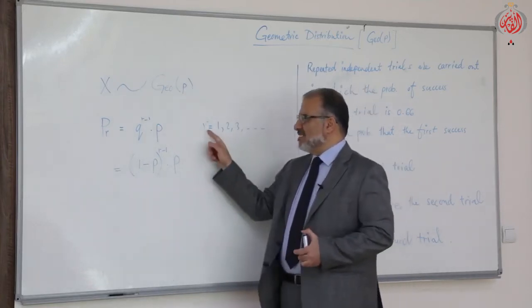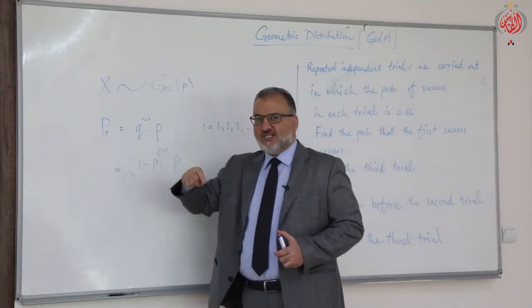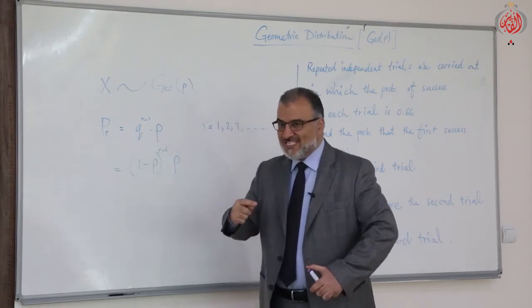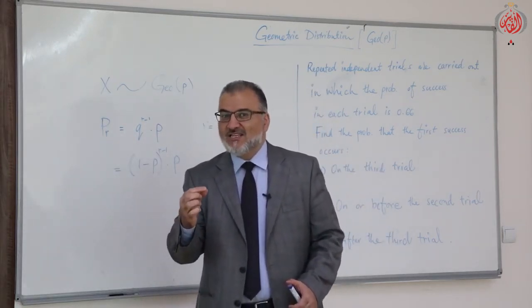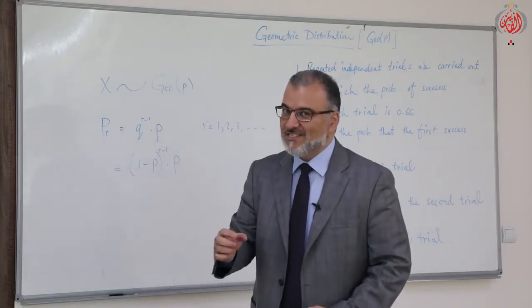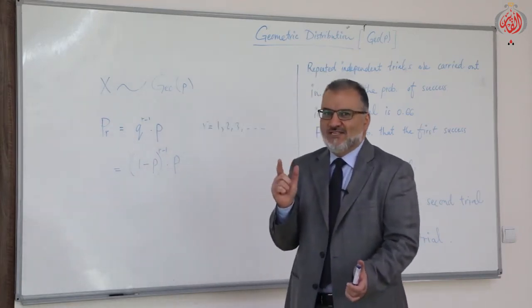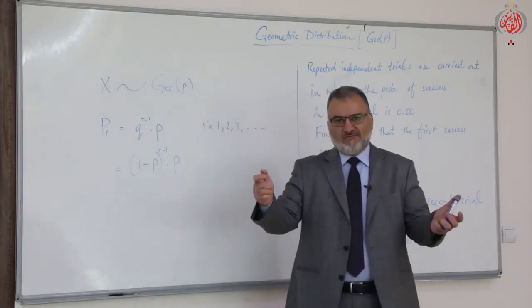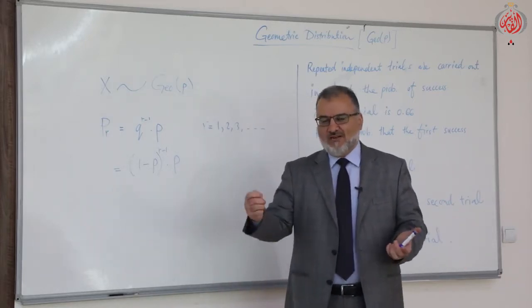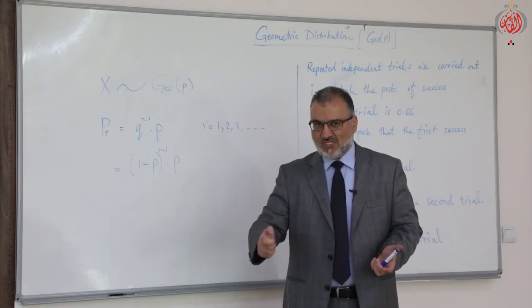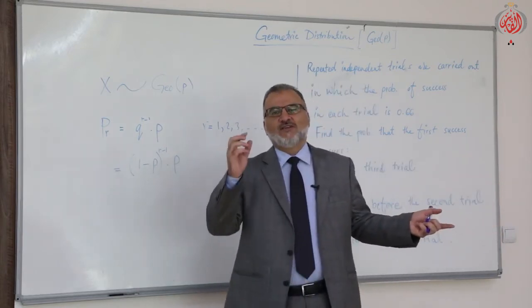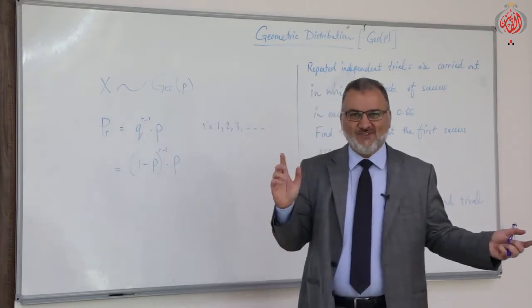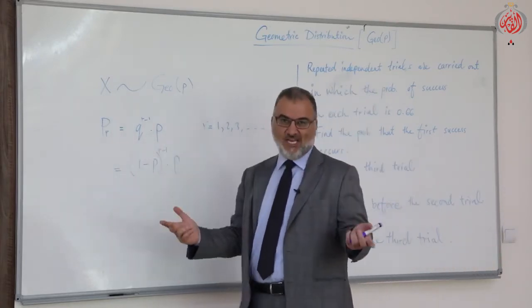What is r? R is the number of trials till the first success occurs. I'm repeating, as we say, the process of tossing. So on the 15th toss, the first head appears. So r here will be 15 in this case.